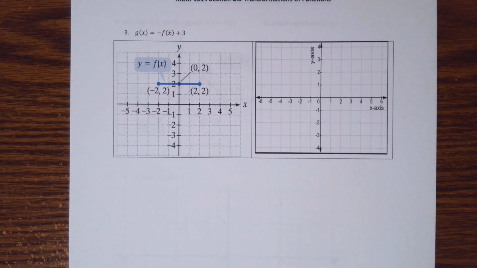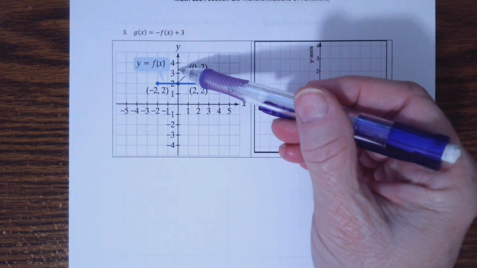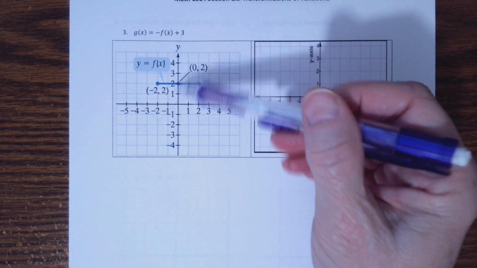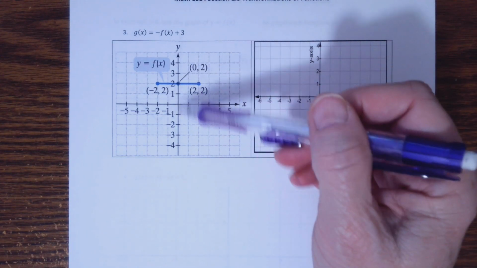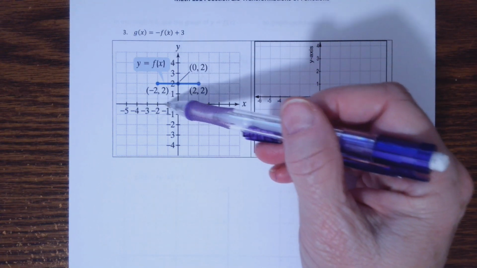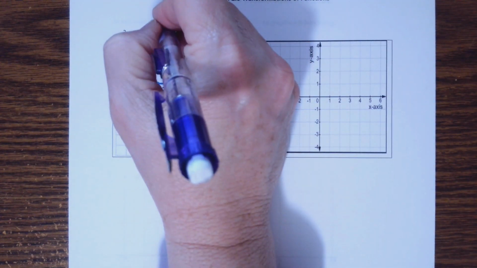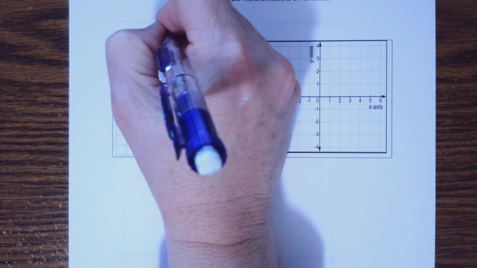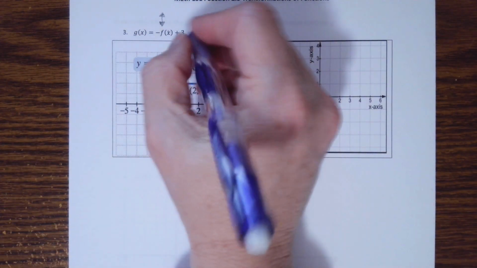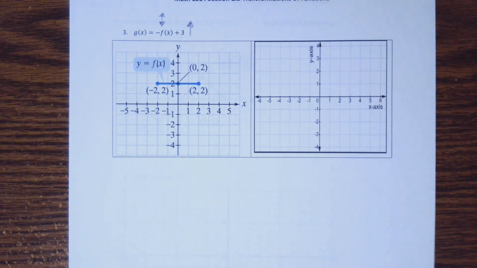So it's a reflection. And because we're moving from either positive to negative along the y-axis, that means our reflection point is going to be the x-axis. So for this symbol, we're going to go up and down. And then here's our plus 3, so that's telling us to go up 3.